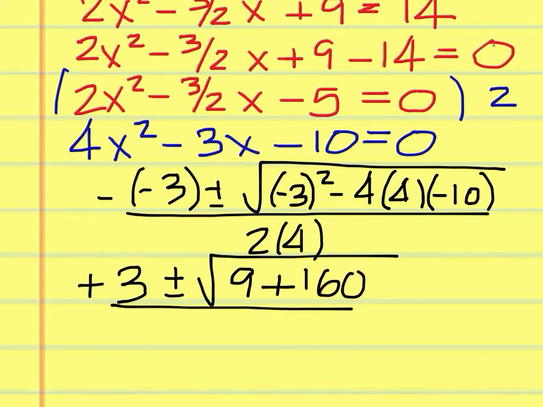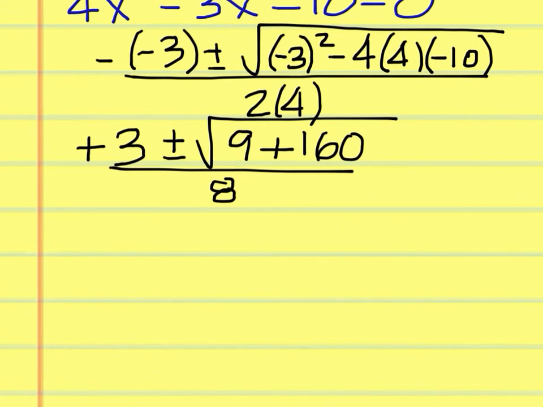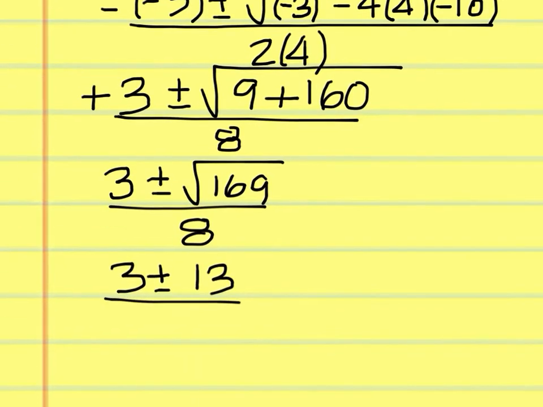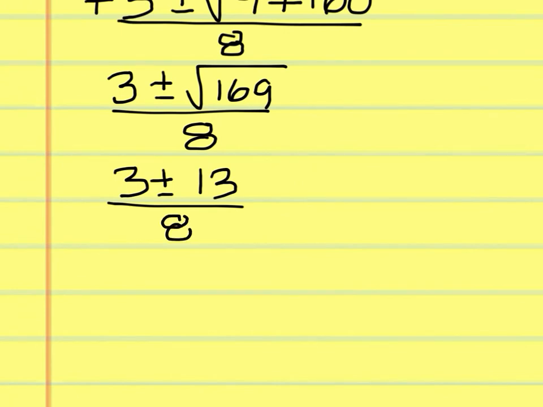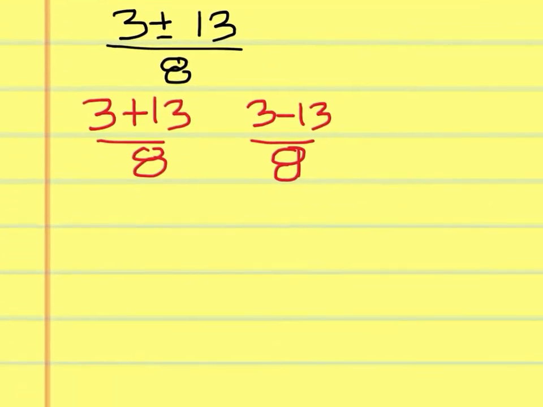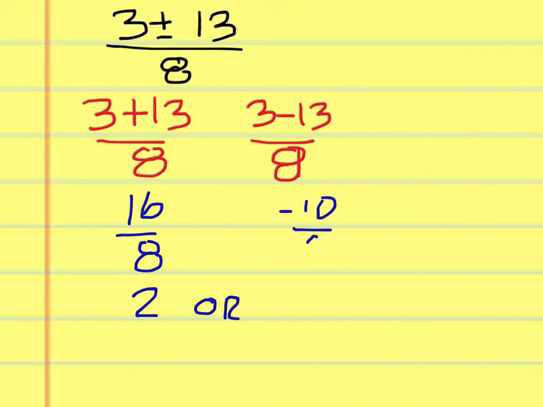And when you add 9 and 160, it comes out to be 169. 169 is a perfect square. So 3 plus or minus 13 over 8. And you have two problems to do, 3 plus 13 over 8 and 3 minus 13 over 8. On the left-hand side, it would be 16 over 8, which is 2, or on the right-hand side, a negative 10 over 8, which is a negative 5 over 4.